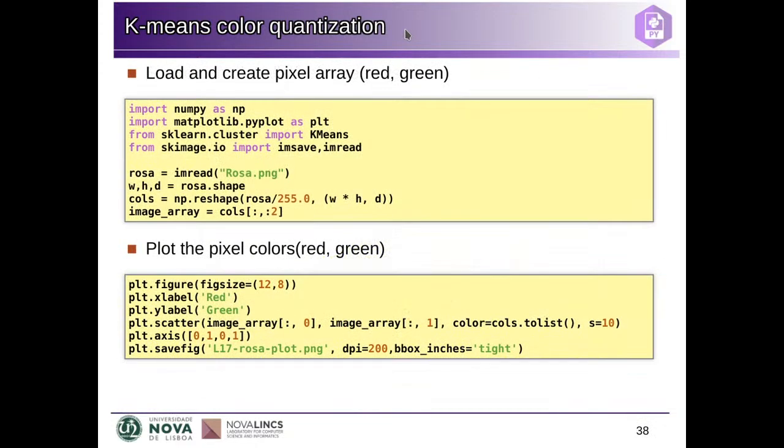So how can we do this? We can use Scikit-Image. If you want to work with images, Scikit-Image is very useful because it gives you the functions to read and write images using different formats. So I can use imread from Scikit-Image to read this PNG file, and this will give me a NumPy array with the color values.